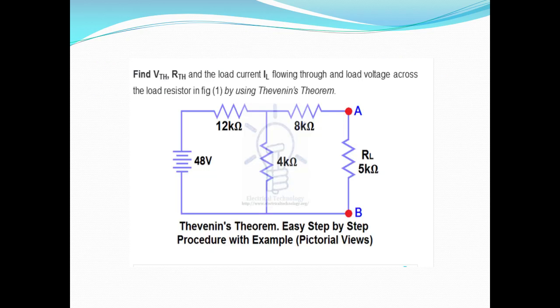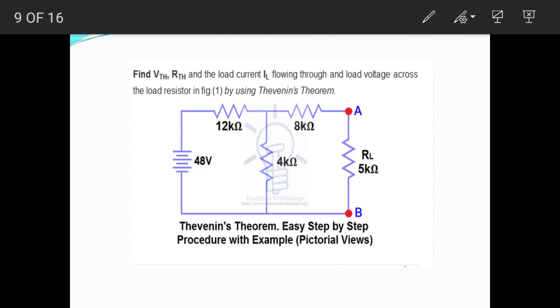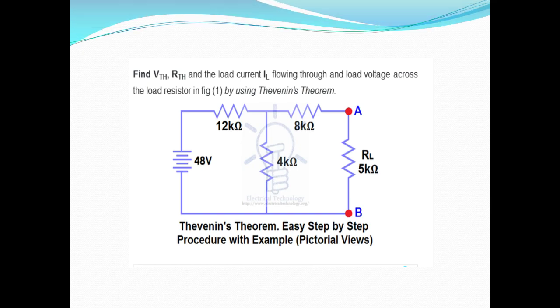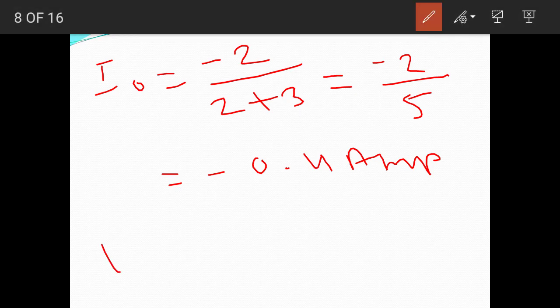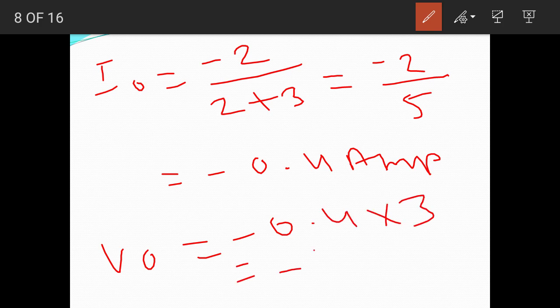Now if we want to calculate the voltage across the load, the voltage V0 becomes minus 0.4 into 3, that is minus 1.2 volt.